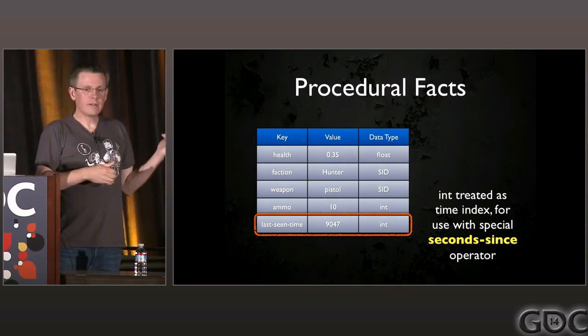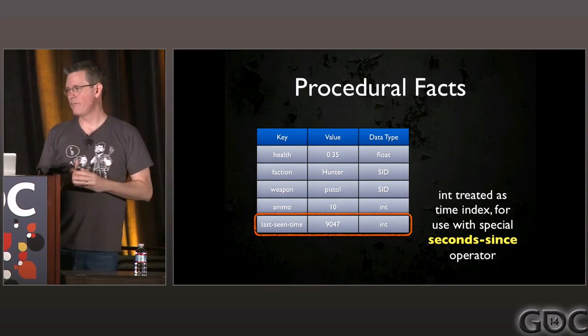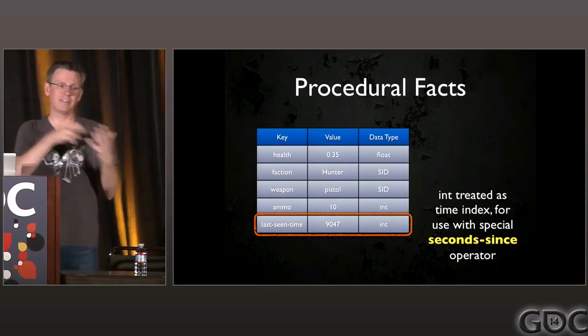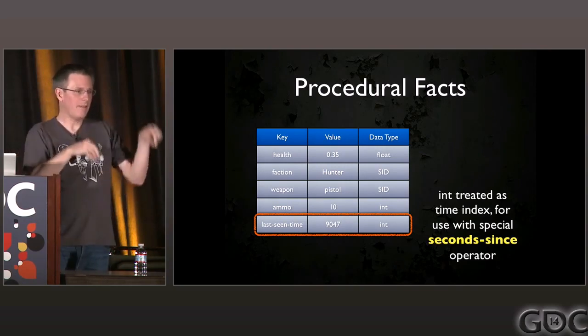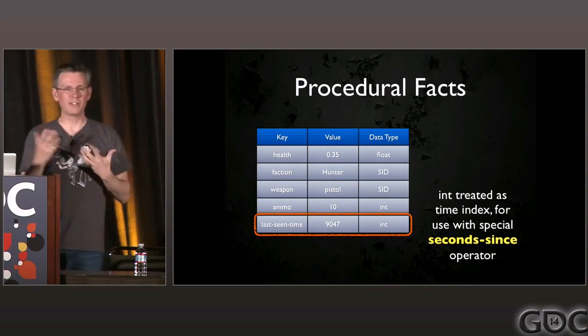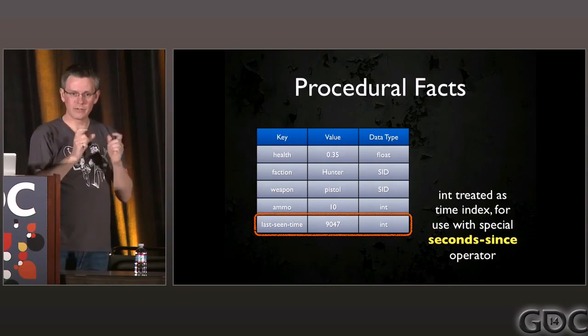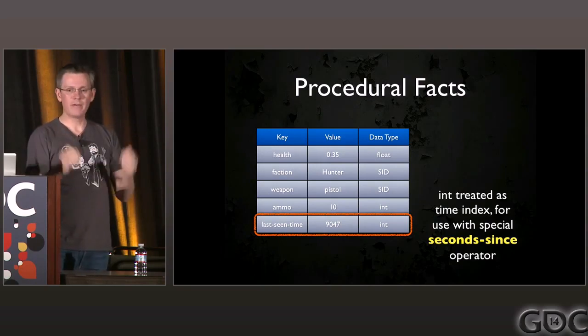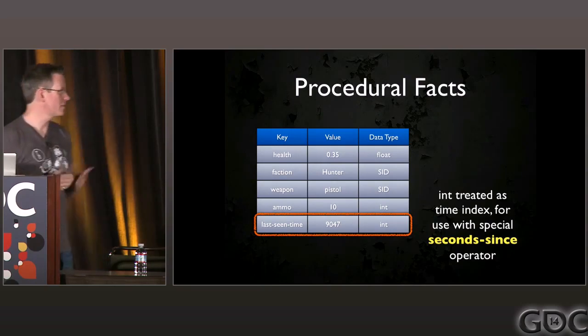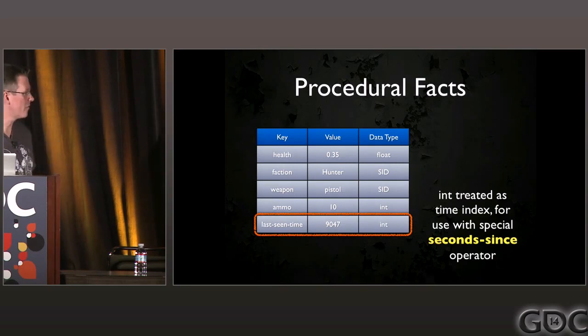Well, you aren't going to write a rule that's based on an absolute time value. What you really want is how many seconds have elapsed between now and that time. So you need to do a subtraction, which you can't really do in the rule system. So all we did is we implemented various little operators that you could wrap around your fact values, like seconds since, that does the calculation for you. And it turned out that was all we really needed.